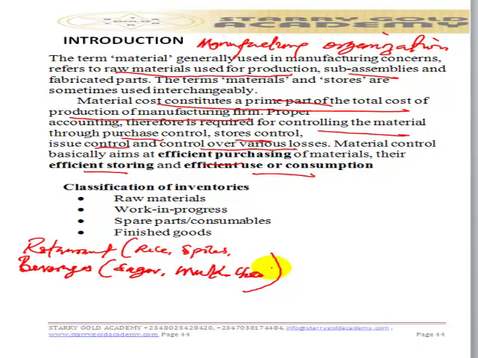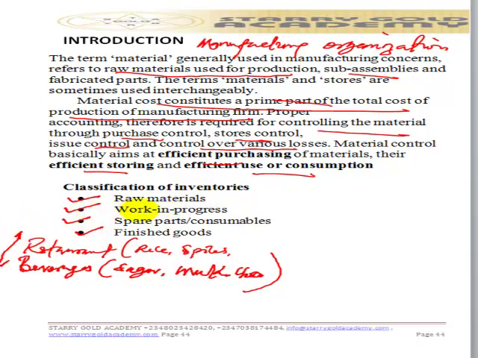Now, for the classification of inventories, we can classify inventories as raw materials, work in progress, spare parts or consumables, and finished goods. Remember that raw materials are what all the organizations majorly will use for their production.